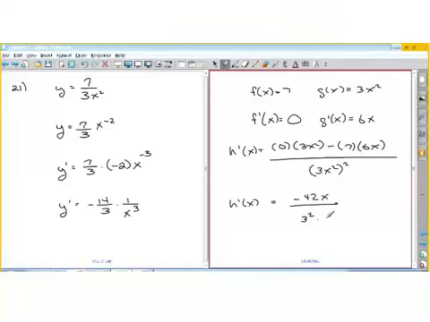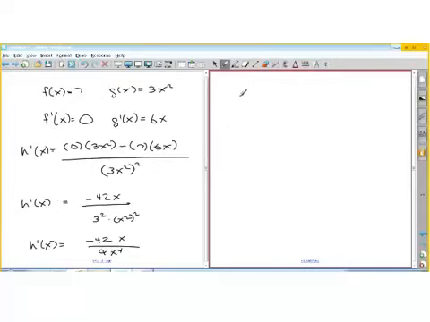It means that we take 3 squared, and then we also take x squared squared. So we do each one of those separately. So negative 42x divided by 9x to the 4th. And can we simplify? Is there a common factor? Well, there is. 42 can be divided by 3, 9 can be divided by 3. So 42 divided by 3 is 14.